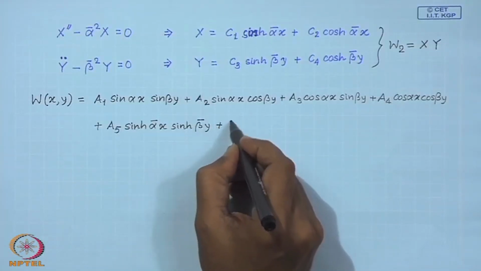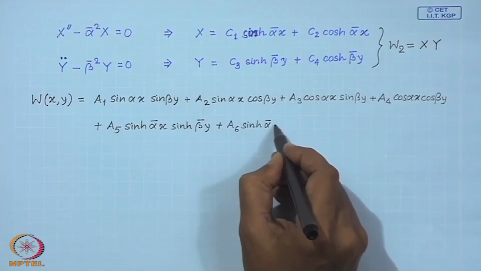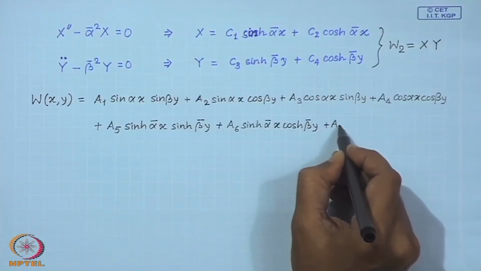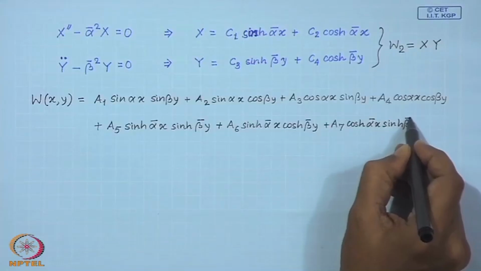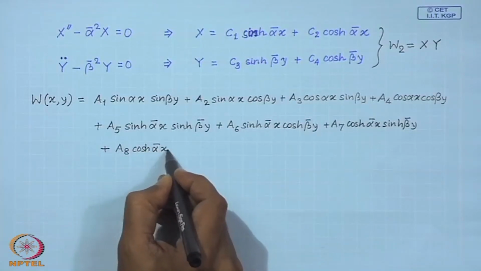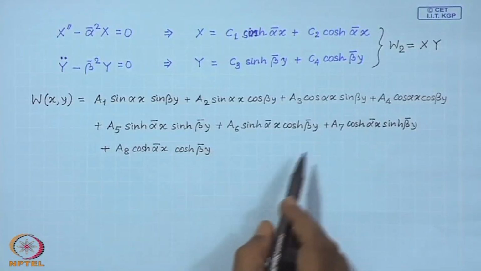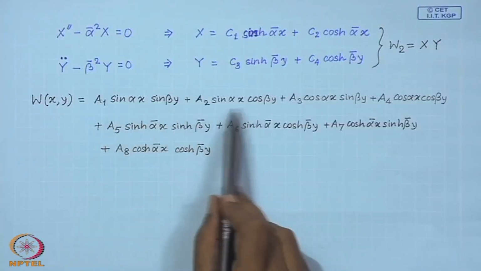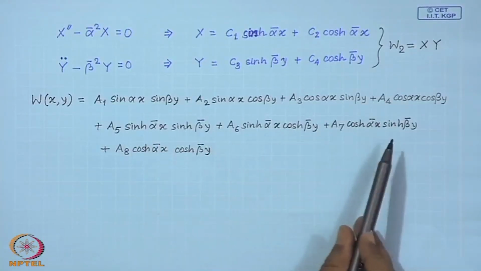So, then now you can see here that we have a product of the trigonometric functions in the x and y directions, and a product of the hyperbolic functions separately again in the x and y directions.